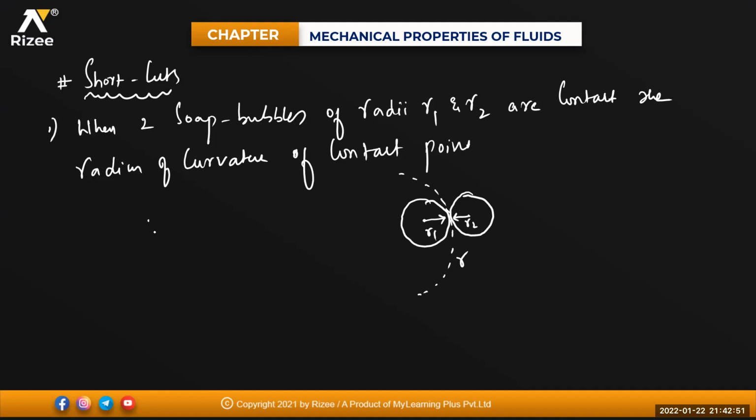So the common radius will be equal to R2 minus R1 divided by R1 into R2.